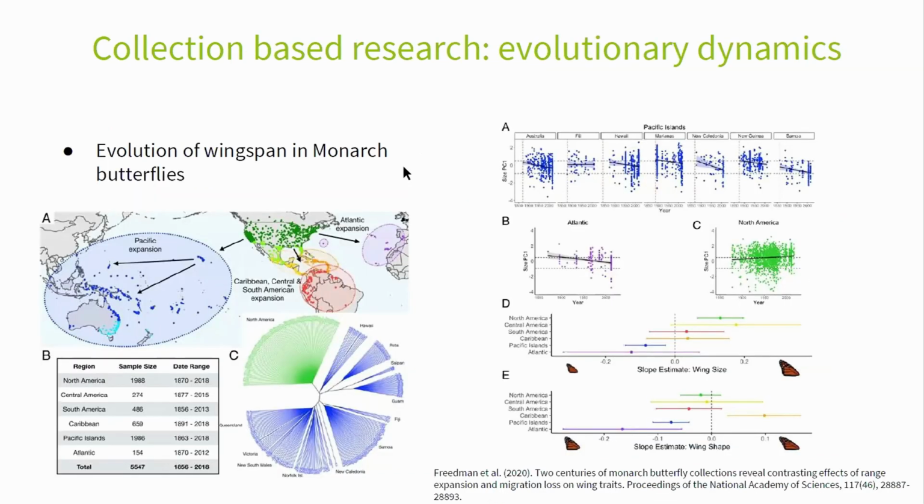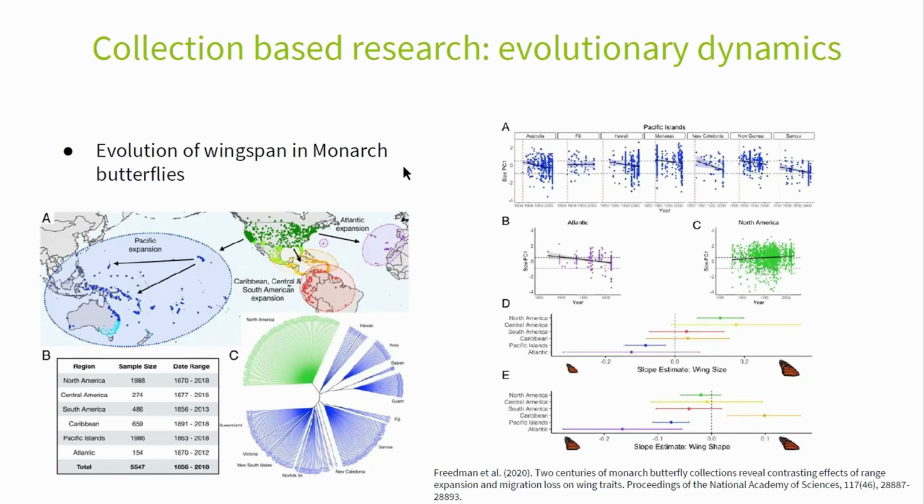Another example of the way collection specimens have been used is by a colleague from the US who traveled around different museum collections and measured the wing length of the famous monarch butterfly, this butterfly that does a big migration from the US down to Mexico.